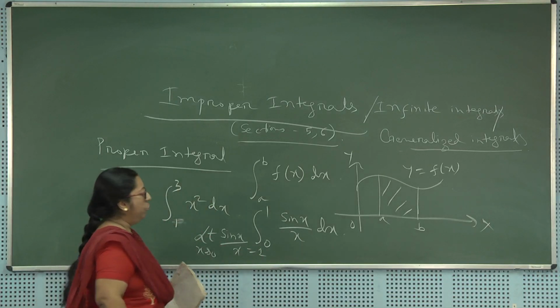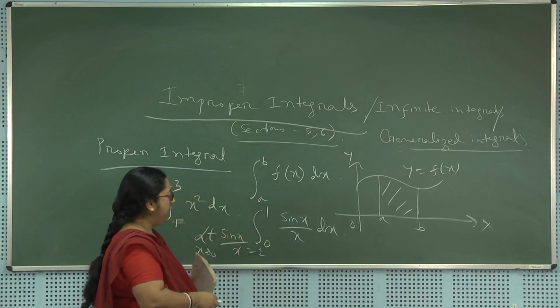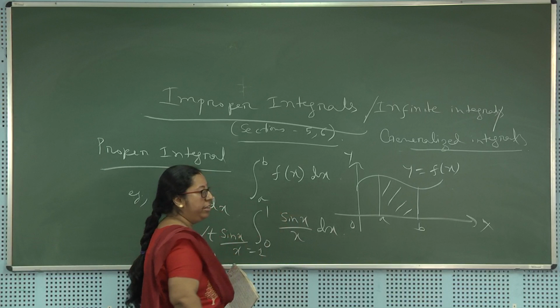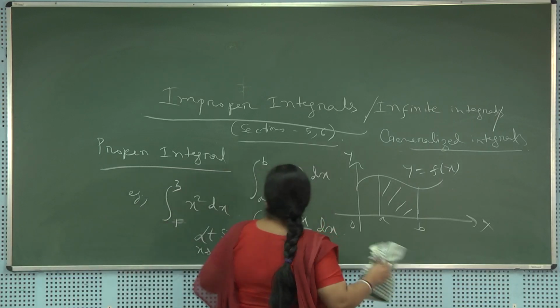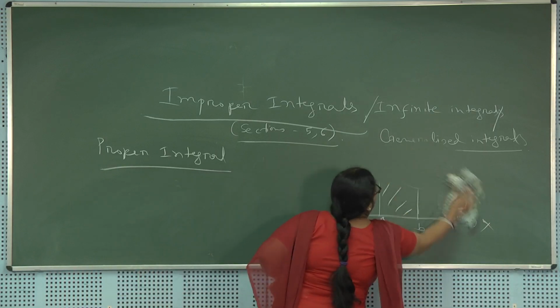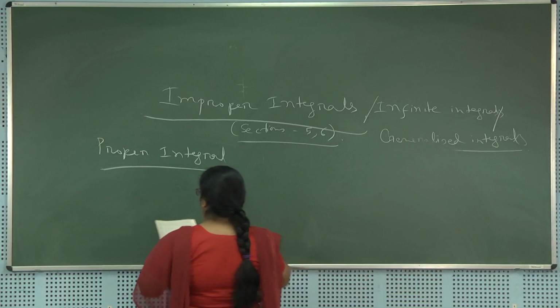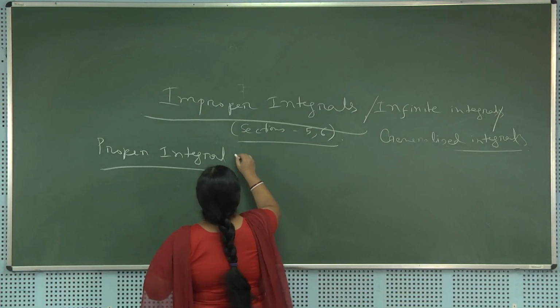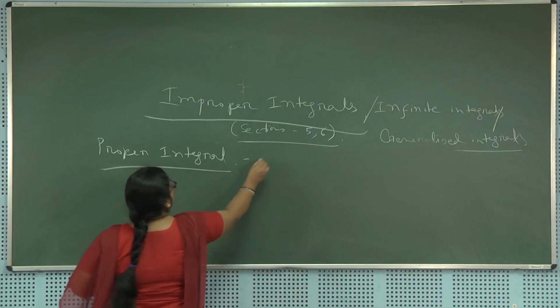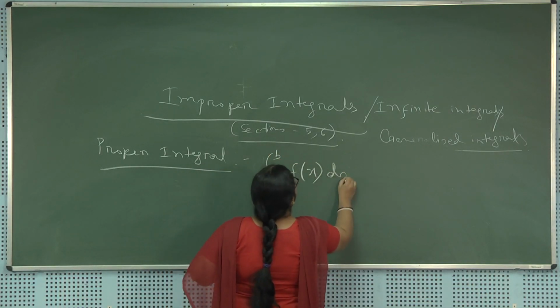So, for a proper integral we require that both the lower limit a and the upper limit b should be finite and the function should be bounded. Now, what will happen for improper integrals? For improper integrals, while defining, if we take this integral a to b f x dx, two possibilities may arise.